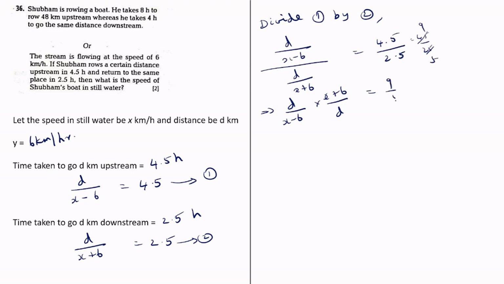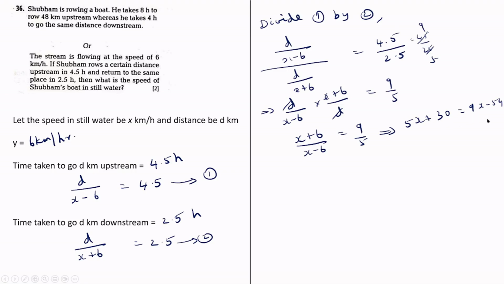This is equal to 9 by 5. Here d and d will go. We have x plus 6 by x minus 6 equal to 9 by 5. Here we can cross multiply. 5x plus 30 equal to 9x minus 54.